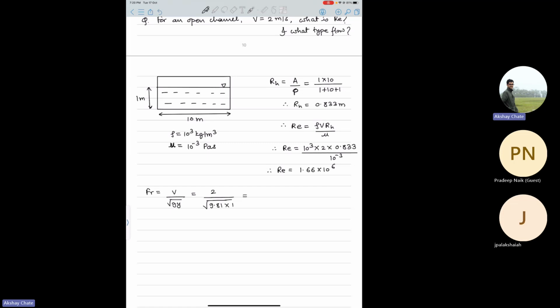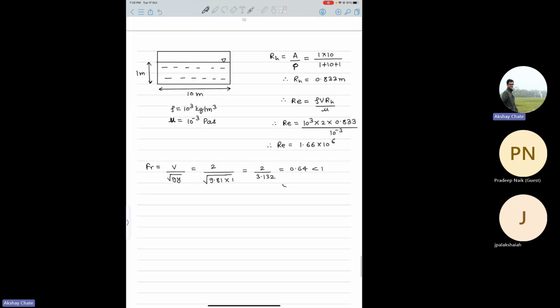So if you take the square root of 9.81, it is 3.132, and 2 by 3.132 will be 0.64. So since this is less than 1, this is subcritical flow.